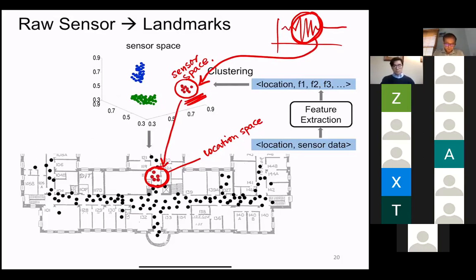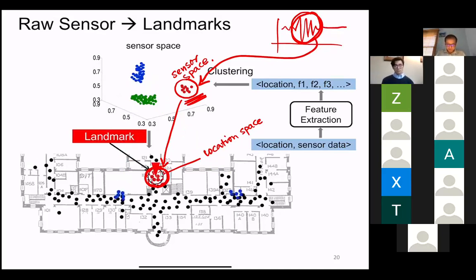Of course, these locations are rough, so these red points would be scattered. But because your PDR, your dead reckoning, is not super bad, hopefully it's not too scattered. Great. Now you found a landmark.